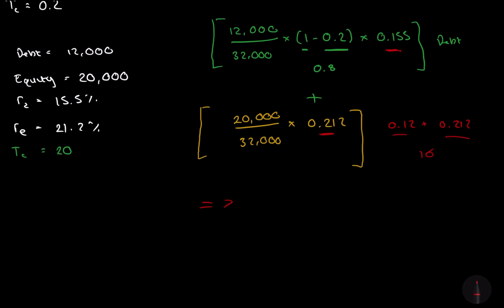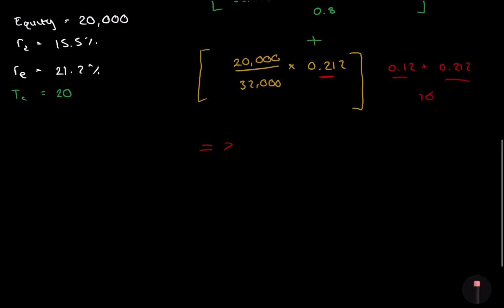If we do the math, what it comes out to is 17.028%. And that is our weighted average cost of capital, meaning that the average cost of capital, if we were to finance a project through debt and equity, we are expected to return back 17.028%.